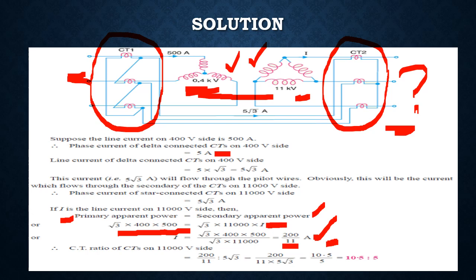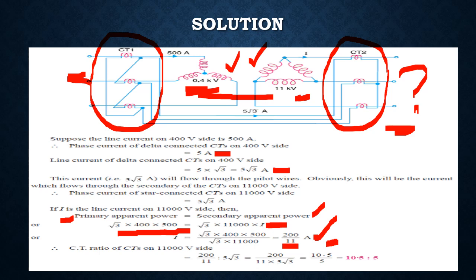Here the CTs are connected in delta on the 400 volt side, therefore the line current will become 5 root 3 amperes, because in delta connection we know that line current is equal to root 3 into I phase. Therefore the line current of delta connected CTs on the 400 volt side is 5 root 3 amperes.